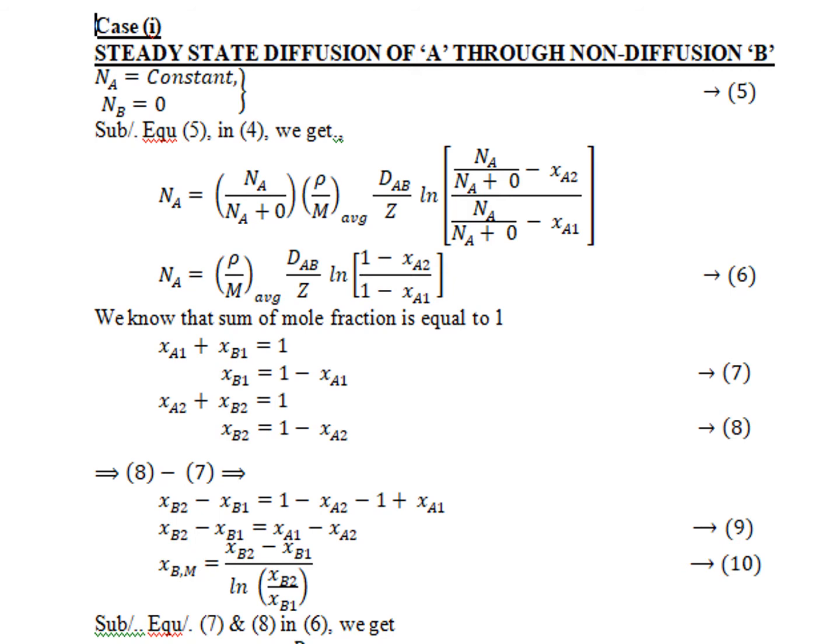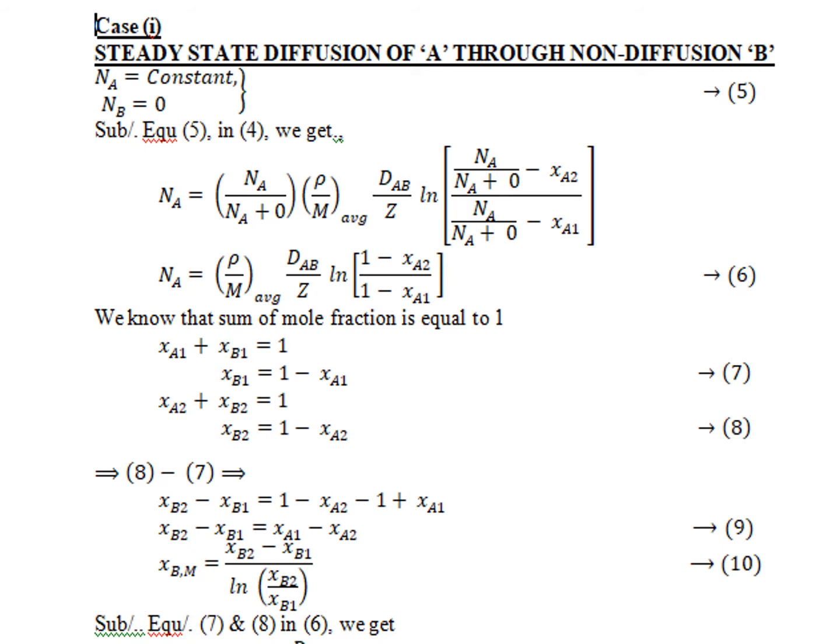Before discussing this derivation, we want to know what the types of diffusion are. There are two types of diffusion: one is stagnant diffusion, another one is counter diffusion. What is stagnant diffusion? Stagnant diffusion is nothing but mass transfer through a stationary second component.